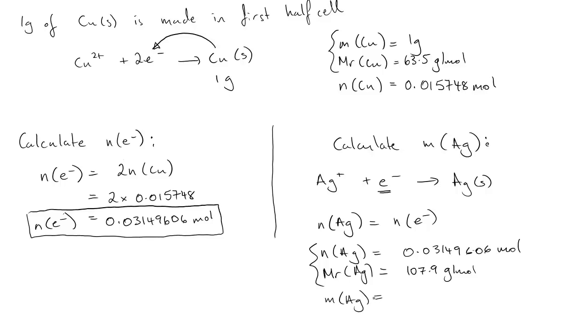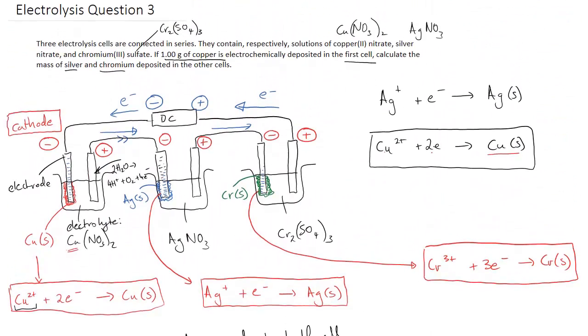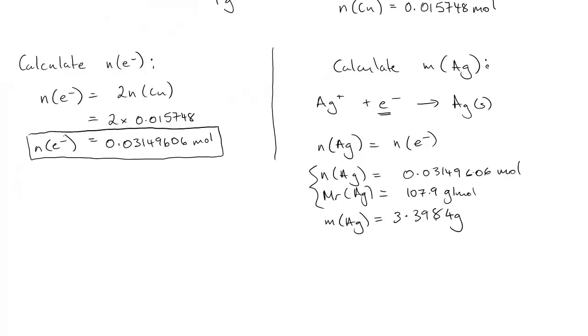So times by 107.9, which gives 3.3984 grams. Of course, we need to convert that into the appropriate significant figures. That's 3 significant figures, so it cuts off there, and we have 3.40 grams to 3 sig figs. Okay, so that's calculating the mass of silver.